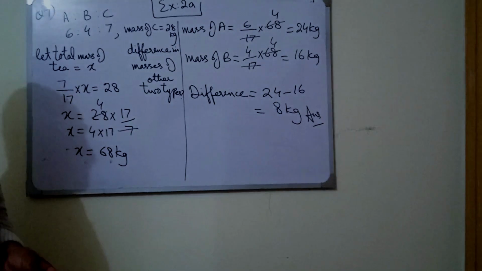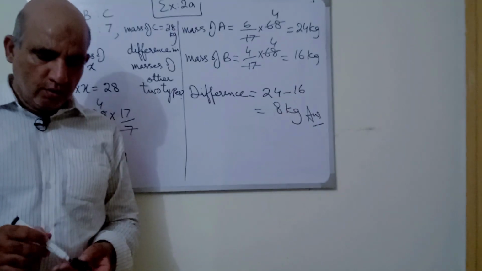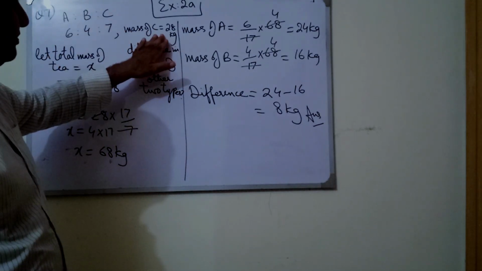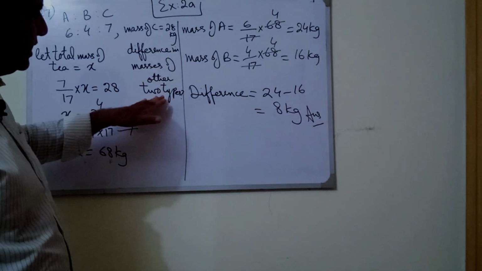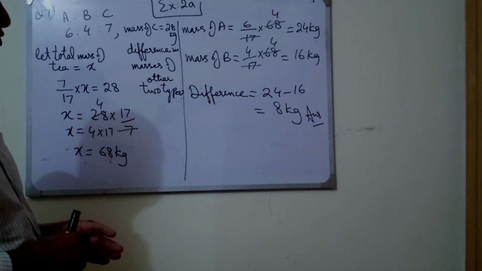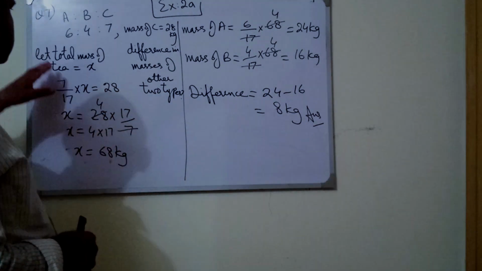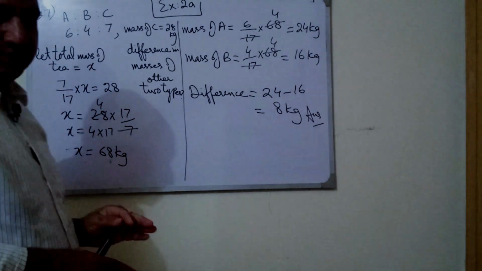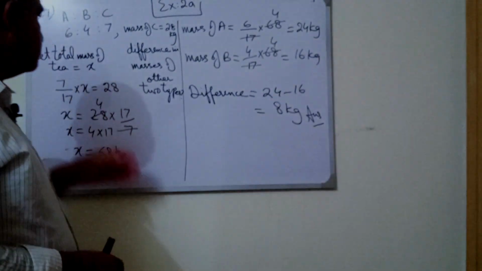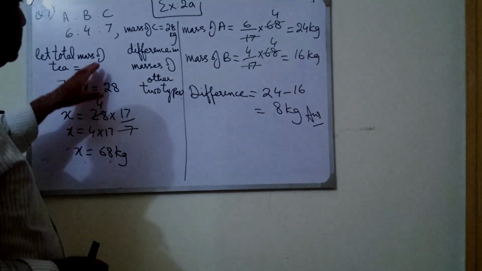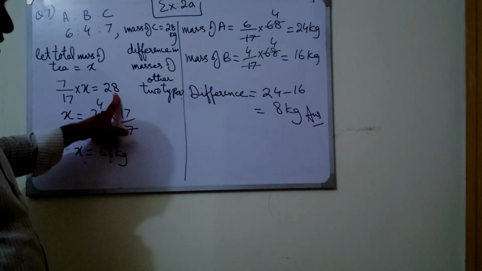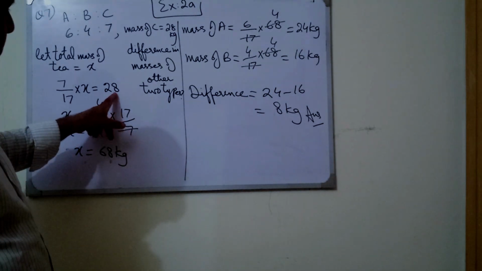This is the answer. Hence, you people have seen how, when the mass of one type, meaning from A, B and C, the mass of one type is given and we have to find the difference in the masses of the other two types, what we must do is know the total mass of the T. As we don't know in this question what the total mass of the T is, we suppose here the total mass of the T is X. So sum of ratio into total mass is equal to mass of the C. As mass of the C is given, we write it here.